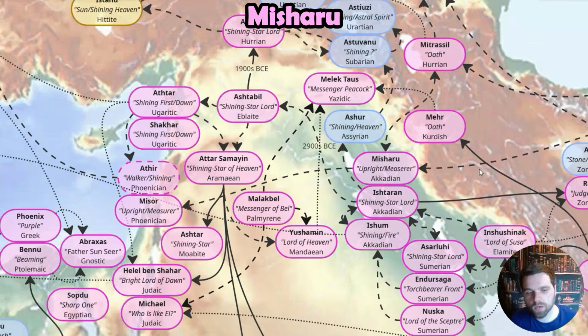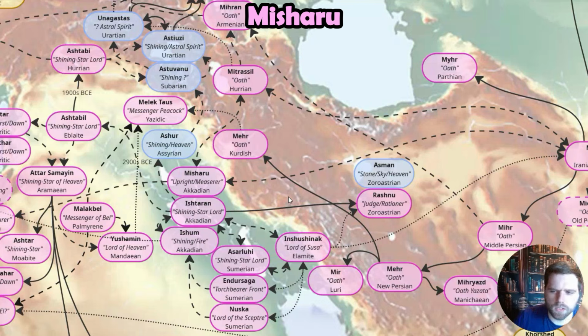That name, Misharu, Misor, means upright or measurer. The terminology of being upright or straight or measured or balanced or level is all related. Again, it relates to that Ishtaran idea of the Libra or the scales of keeping balance, and so there's an aspect of justice there and fairness.